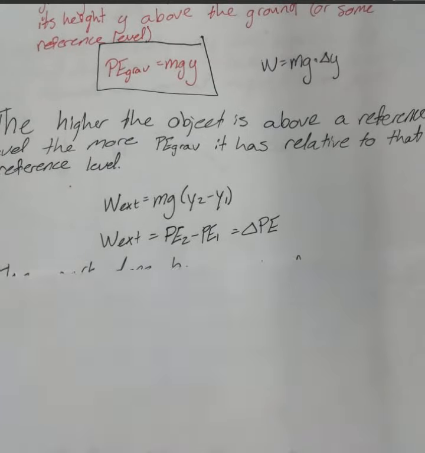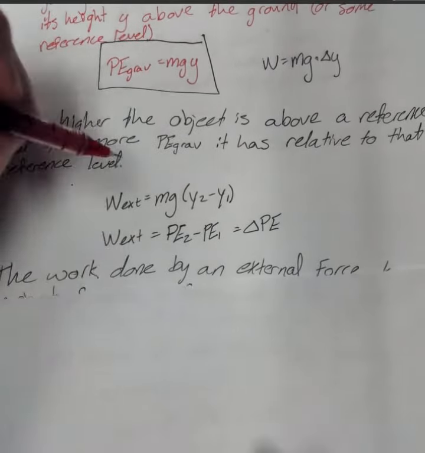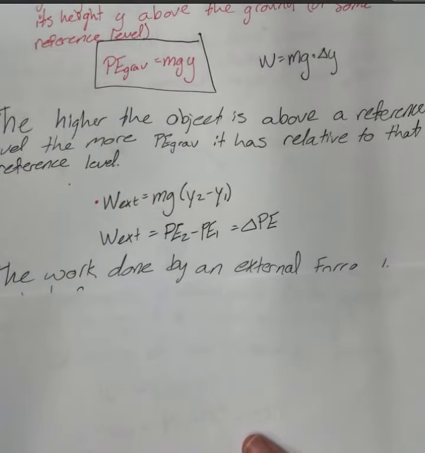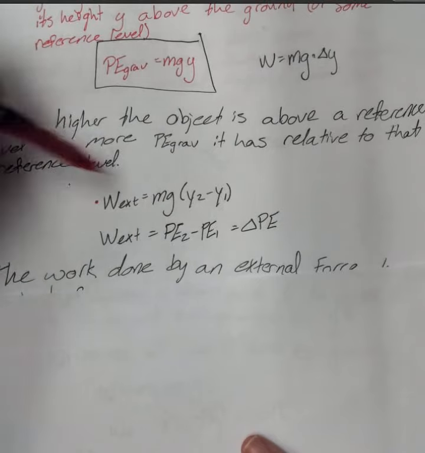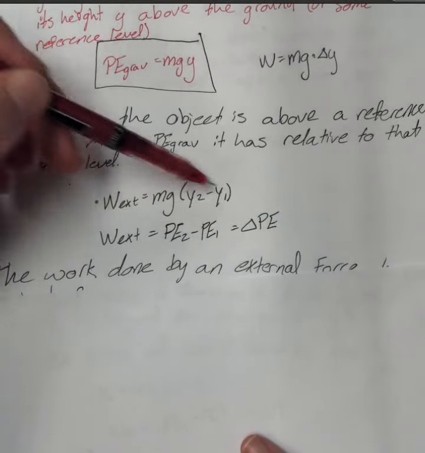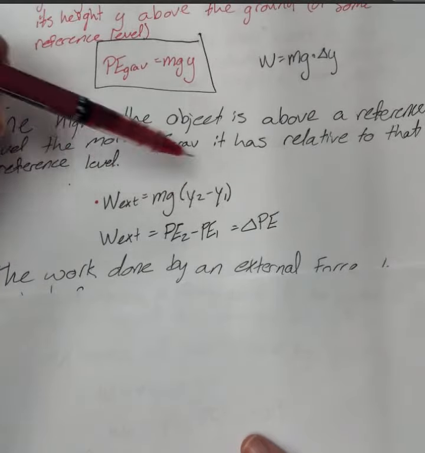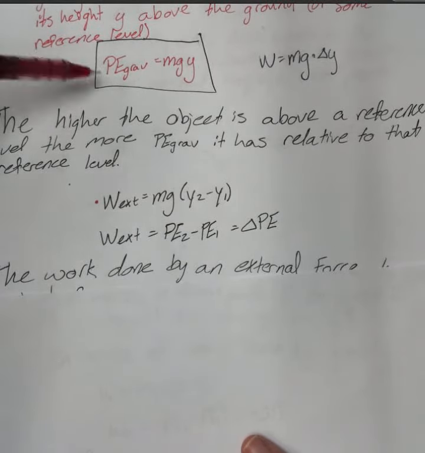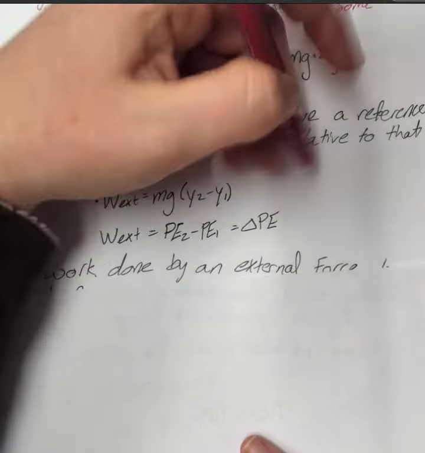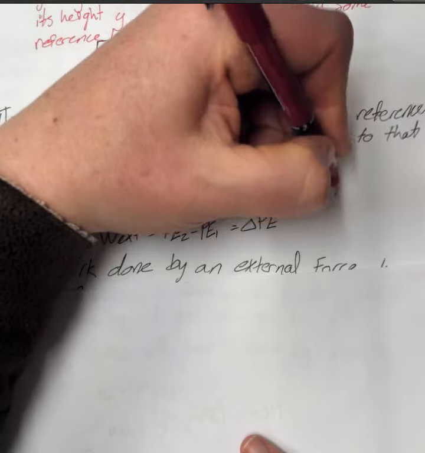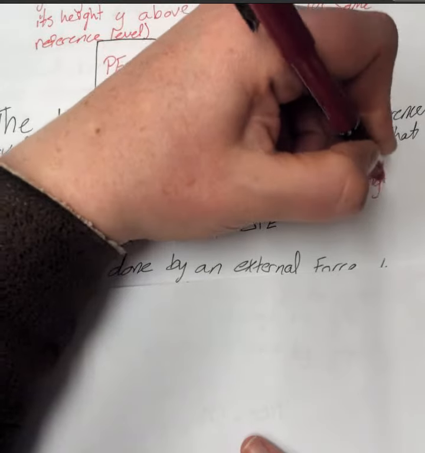So we take a look and we say that the work that it takes to move an object up is going to be equal to the weight of the object multiplied by the change in position that we have. So how high above a reference level. And since we said that mgy is a potential energy due to gravity, if we distributed this, we could say that the work exerted equals mgy2 minus mgy1.